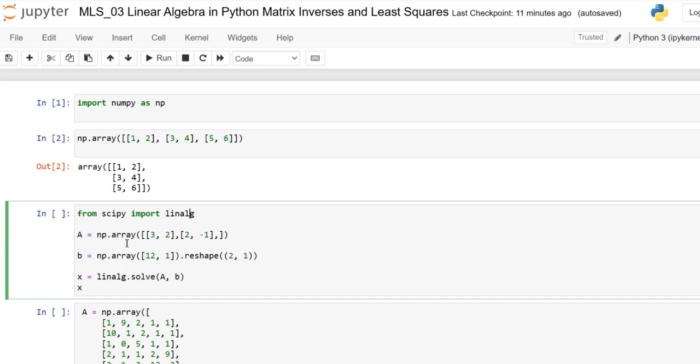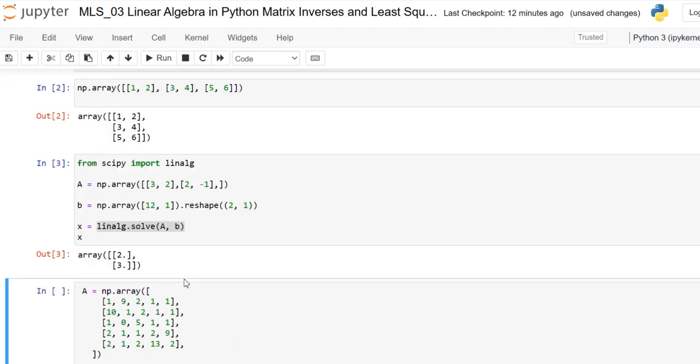We have done it, and to make it a column with 2 lines, we have done this reshape also. Last but not least, we have given linalg.solve of a comma b, to solve the linear system characterized by a and b with the result stored in x, which is going to be executed. Kindly observe.